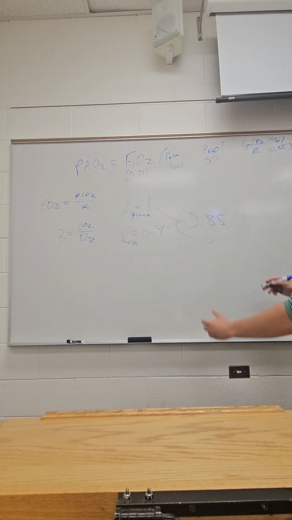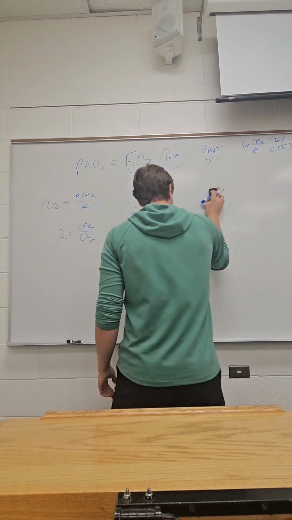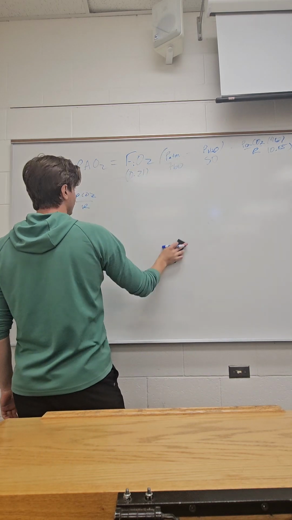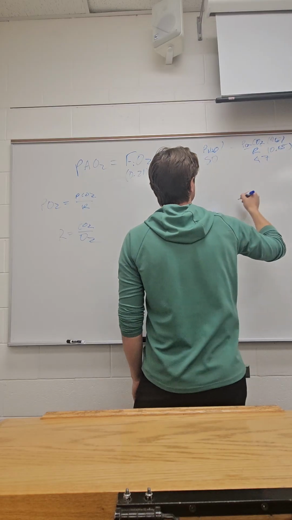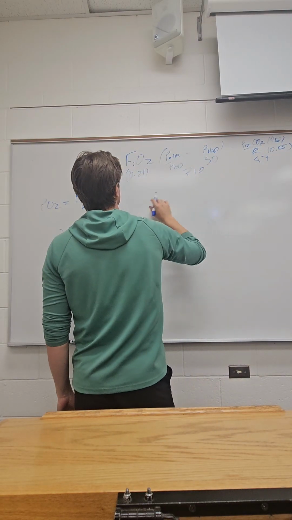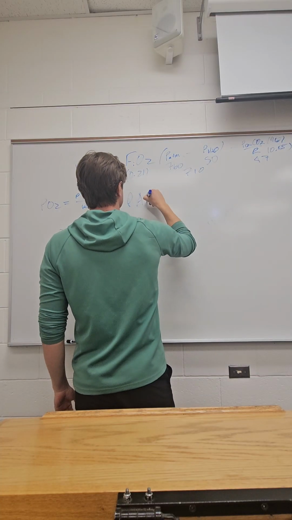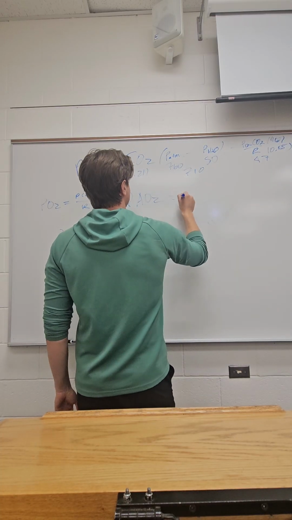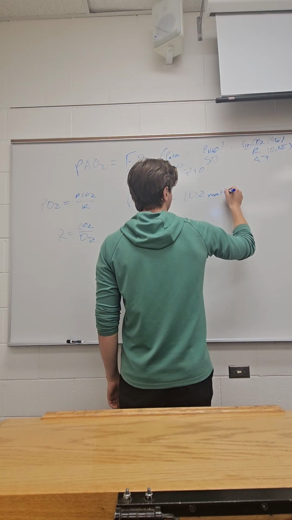So, we run the numbers. Here, this is like 47. This is like 710. This is 0.21. You run it all together, using PEMDAS and correct multiplication, you get 102 millimeters of mercury.